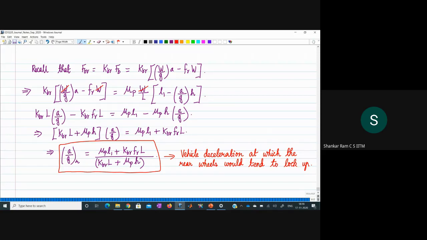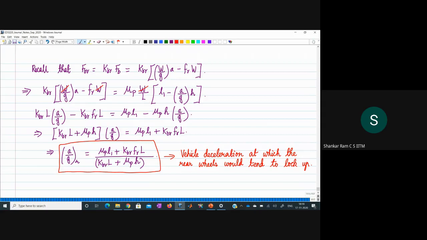So this is the mathematical derivation. What is the physics behind it? Let us say we have done this calculation for a particular vehicle, and the value of A by g F comes out to be 0.7 and A by g R comes to be around 0.9.